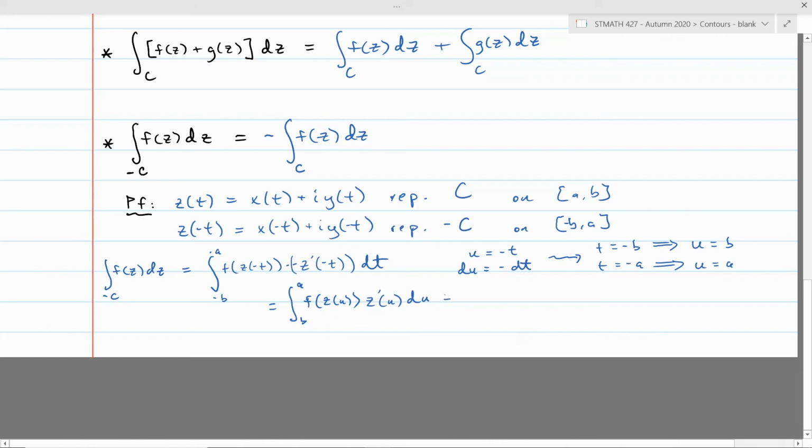Lastly, you notice that the limits of integration are reversed from what they should be. We want a at the bottom. So you put a negative out front, and you can reverse the order of integration here. So negative the integral from a to b of f of z of u times z prime of u du. Well, that's exactly the definition of negative the integral along the positive C of f of z dz. So anyway, it works out.